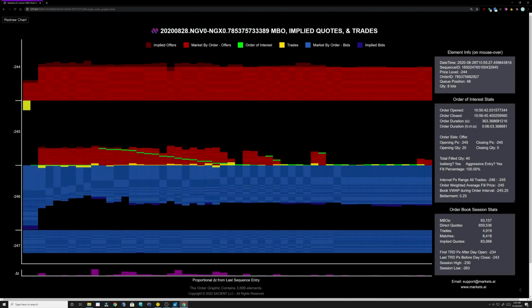So when it comes in, it trades 19 lots on entry and then leaves one lot. Now it's green and resting. One lot is resting at 245.